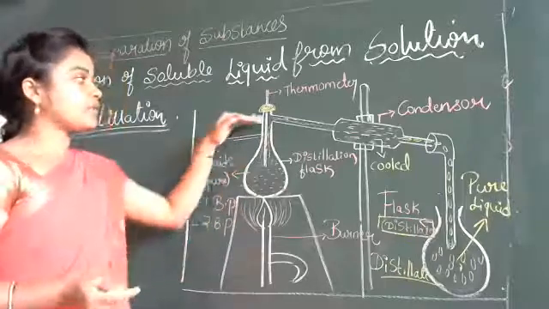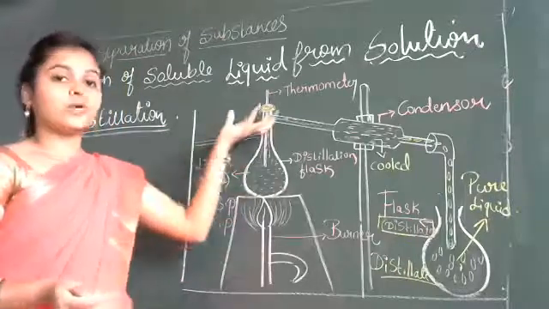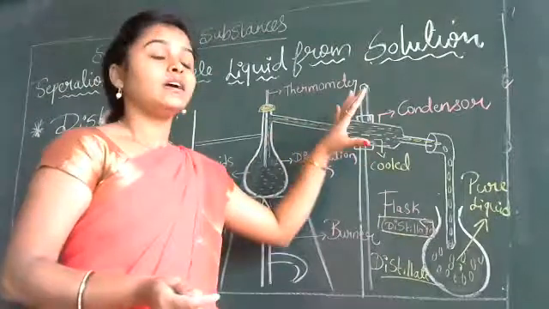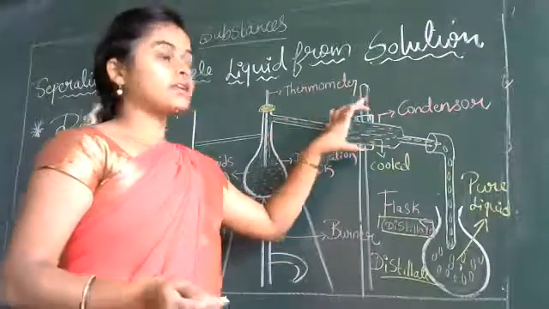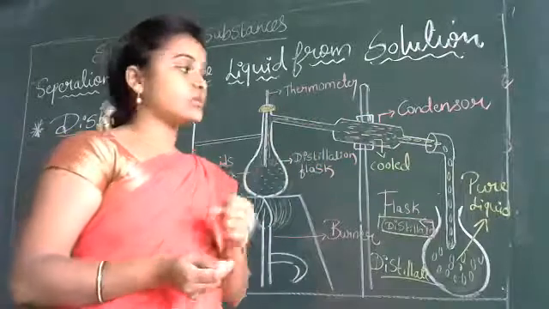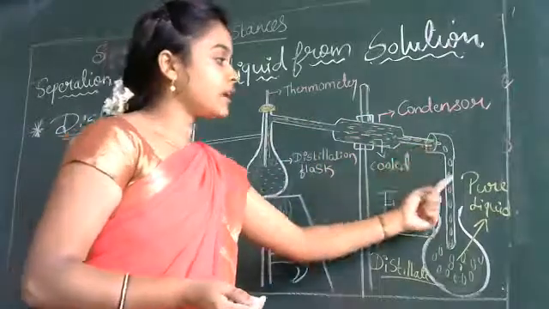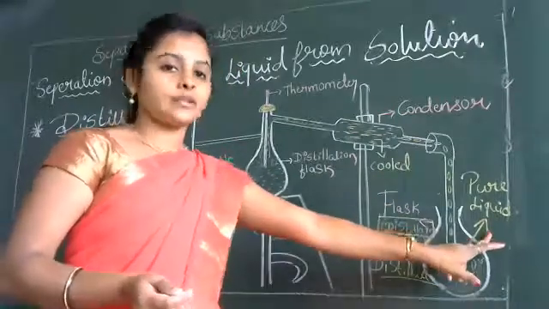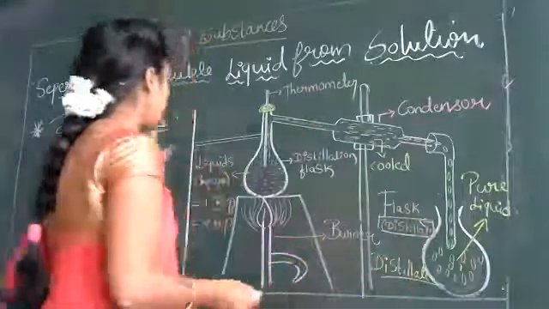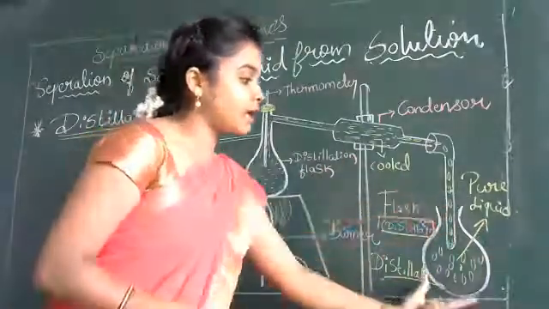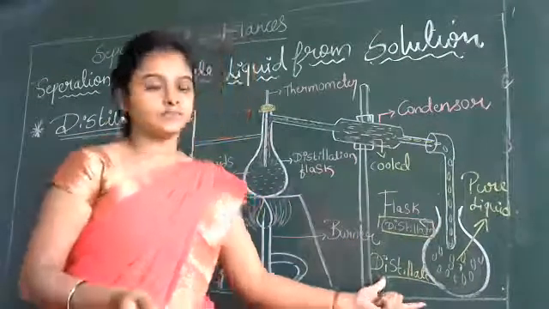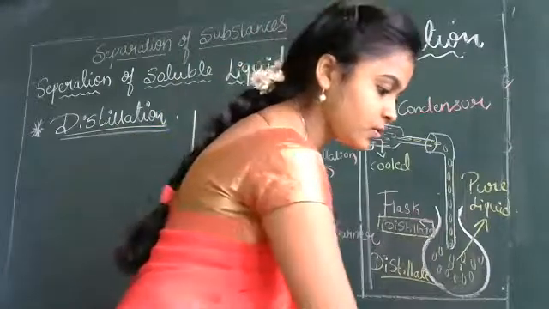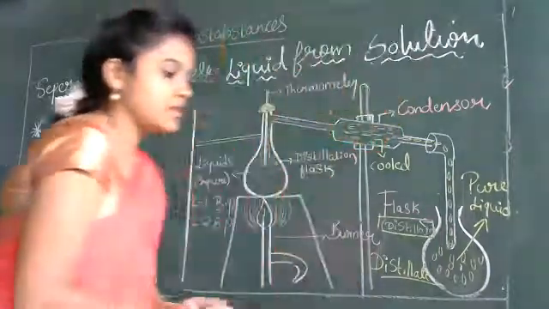So when the first liquid's boiling point is reached, it starts boiling, giving out vapors, which are collected in the condenser. In the condenser, the vapors are cooled down to get the liquid, and that liquid is collected in another flask to get the pure liquid separately. This process we call distillation, and the pure liquid we get in the other flask is called a distillate. Understood?